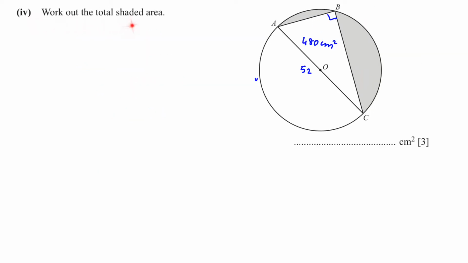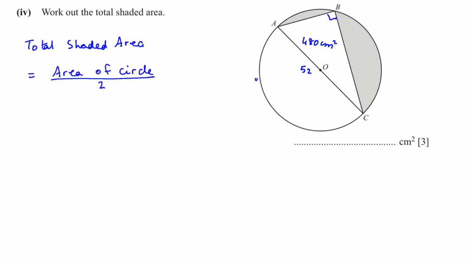Work out the total shaded area. This shaded area is in the semicircle. So the total shaded area will equal area of the circle divided by 2, because it's a semicircle we divide by 2, minus the area of the triangle. Area of triangle we already found, it is 480.